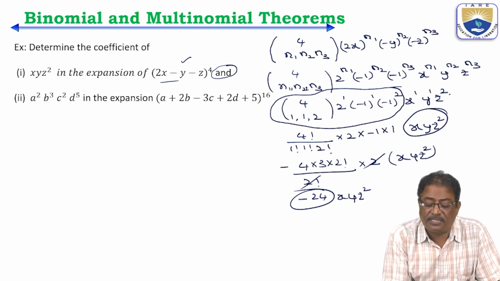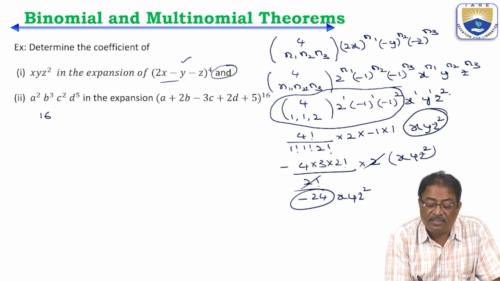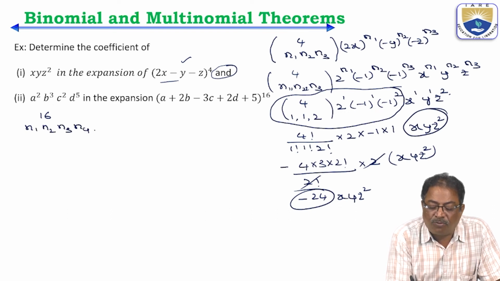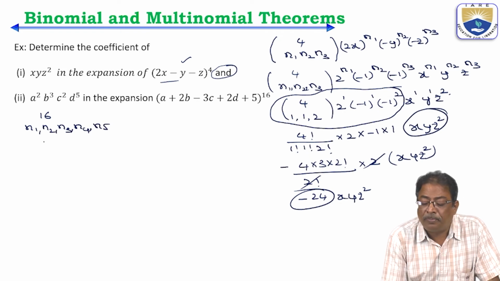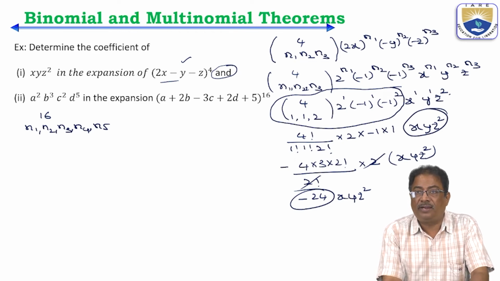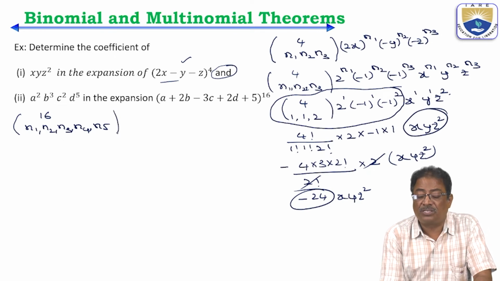So I am going to write N as 16. Then we don't know n1, n2, n3, n4, n5. One is for A, one is for B, one is for C, one is for D, and another one for the constant term.